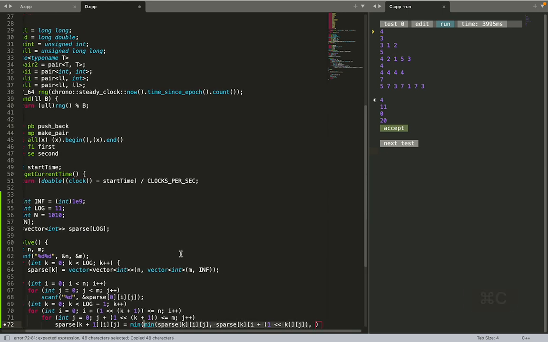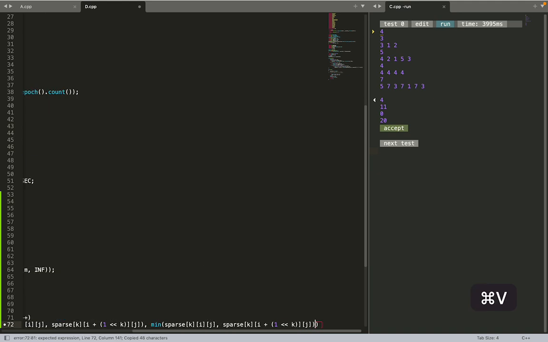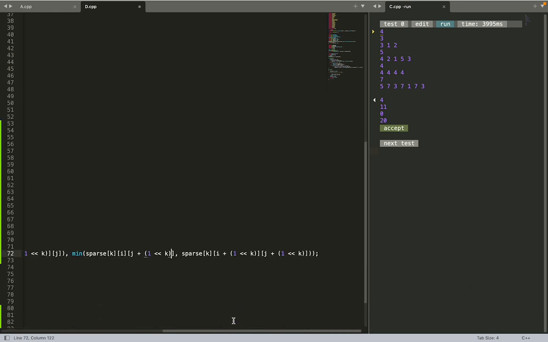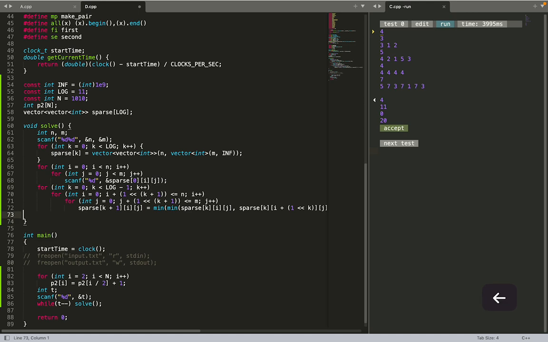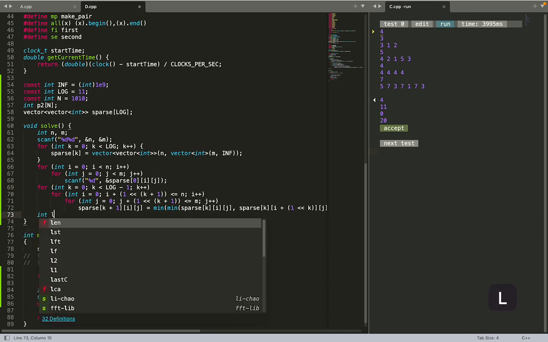So it's just like a sparse table, but in 2 dimensions. Nothing hard here at all. So now we are doing the binary search.